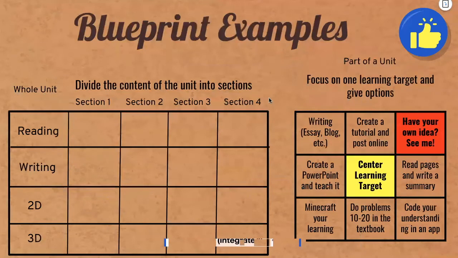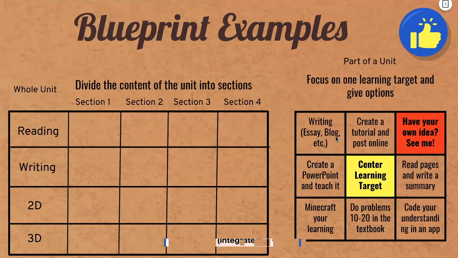So here's, again, an example of a blueprint. A whole unit would be reading, writing, 2D, 3D, section 1, section 2, section 3, and 4. Or if you wanted to just focus on one particular section or learning target, you could put that in the center and then have a series of different activities that correlate with that learning target.